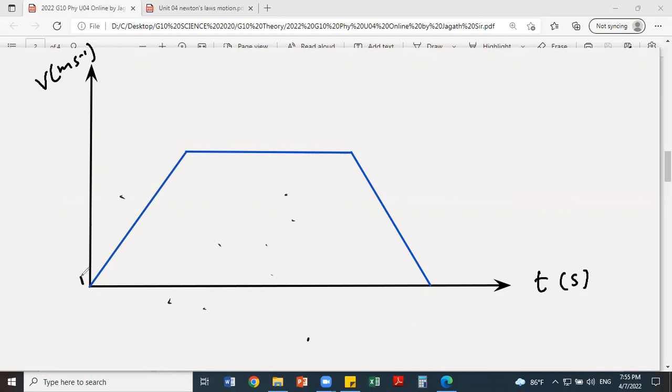So I'll put here a, b, c, d. So tell me, this is acceleration. What is called uniform acceleration. If there's an acceleration, it is Newton's first law or second law. This is uniform acceleration. This is uniform velocity. Velocity is constant. This is called uniform velocity. This is uniform deceleration.